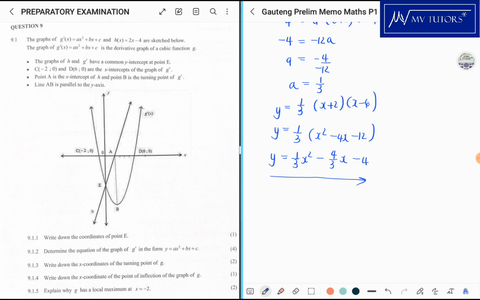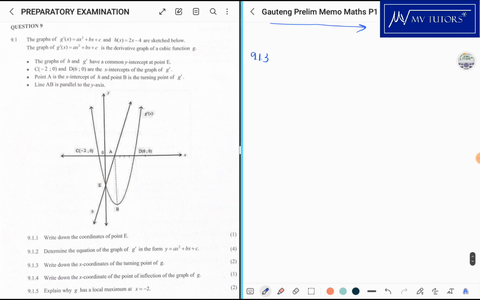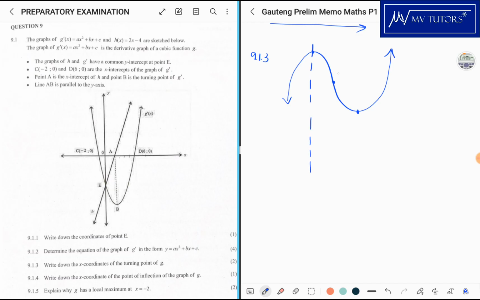Okay, and then 9.1.3. It says write down the x coordinates of the turning point of G. Now remember, we have a happy face parabola, meaning our cubic function is also a happy face. If these are the turning points, and this is the point of inflection, you just take down those lines.